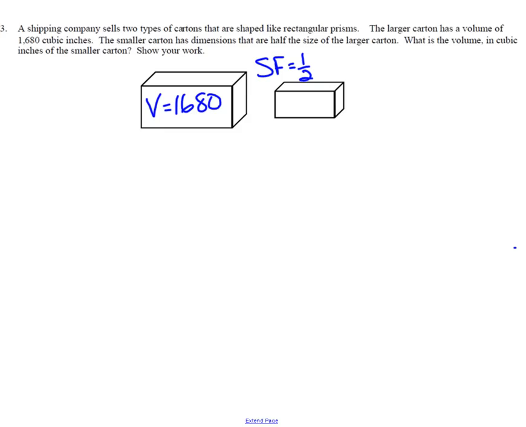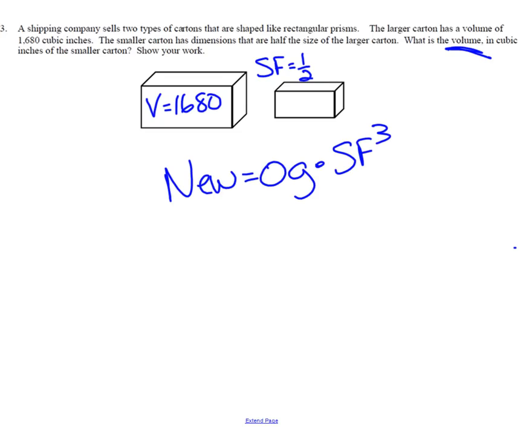Right. So now we have the same formula. We're still looking for volume. So the new volume is still the original times scale factor cubed. Our original is 1680 times 1/2 cubed.